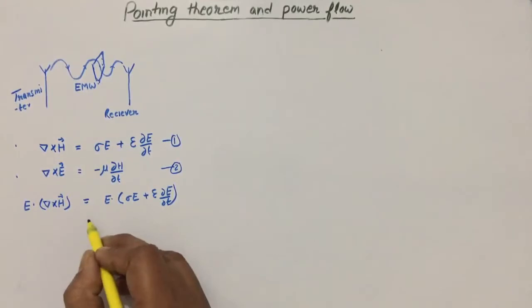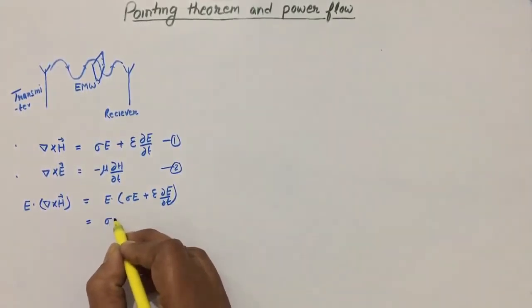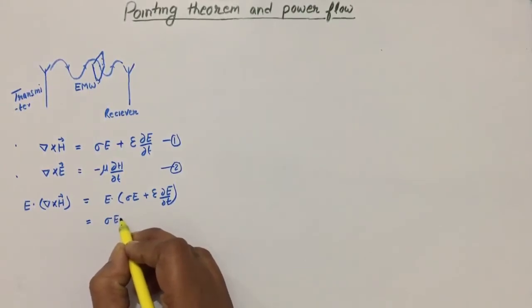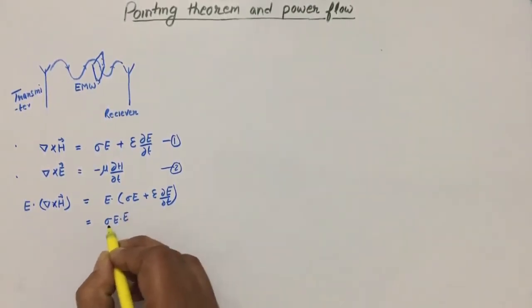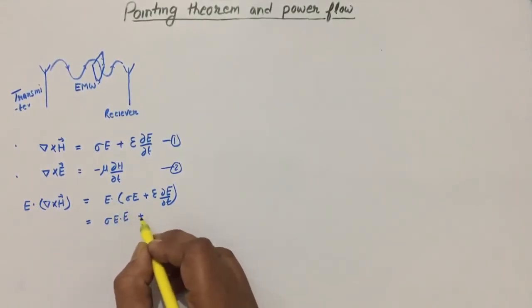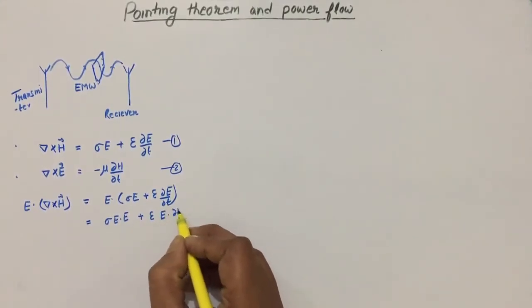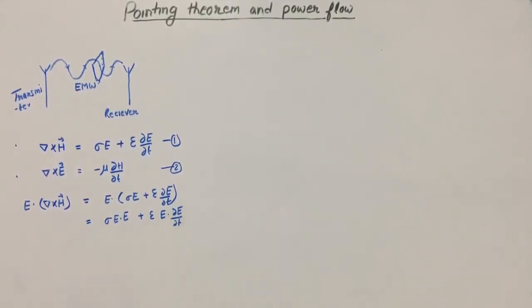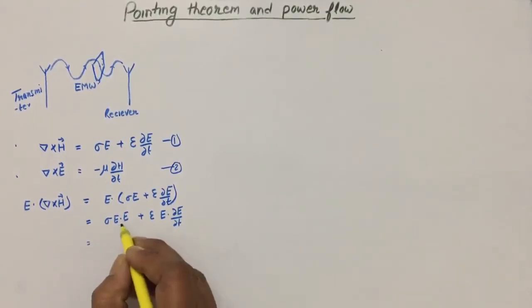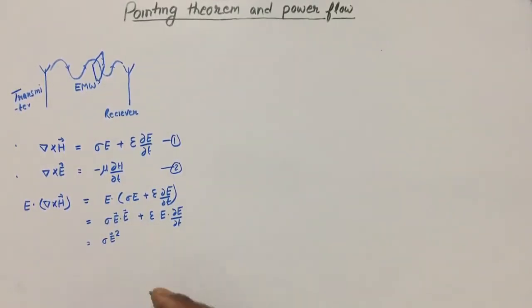Now this can be written as sigma E dot E, taking sigma outside, plus epsilon E dot del E over del T, and E dot E is nothing but E square, the absolute value.